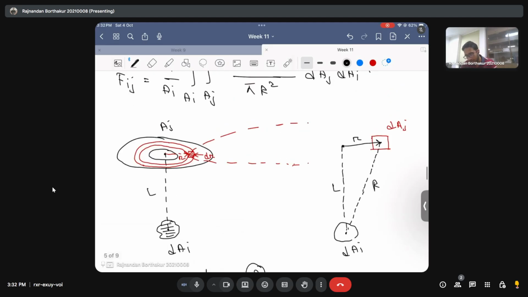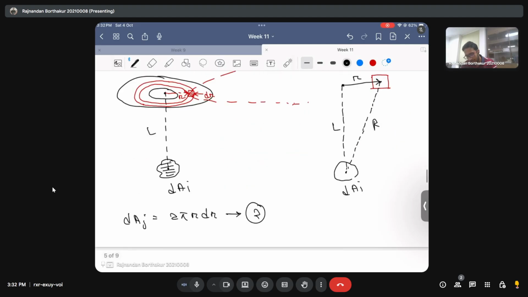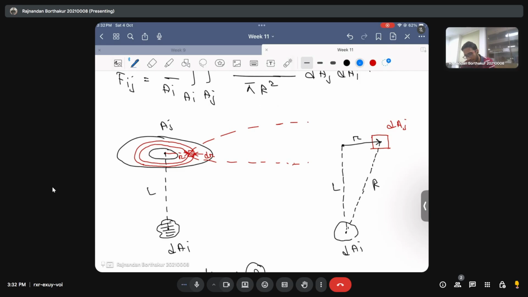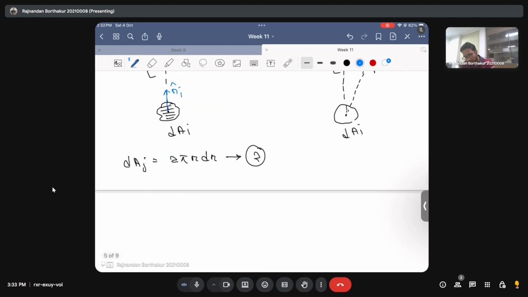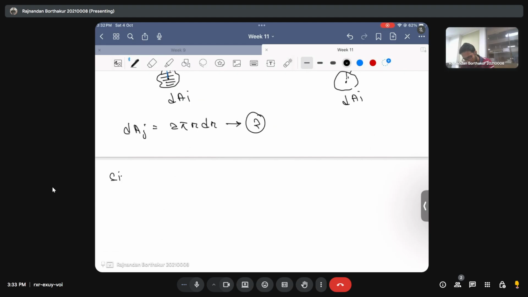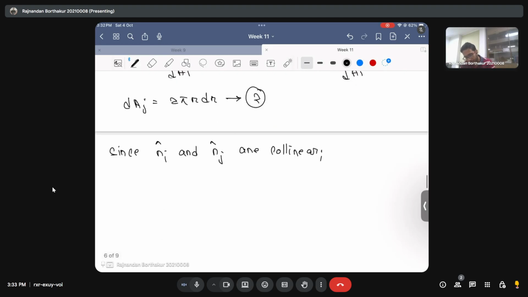The second thing is that since the unit normals of surfaces AI and AJ are in the same direction, since this is NI and this is NJ, and since NI and NJ are collinear, this implies straight away from the geometry that cos theta I will be equal to cos theta j, and we'll call it as cos theta.